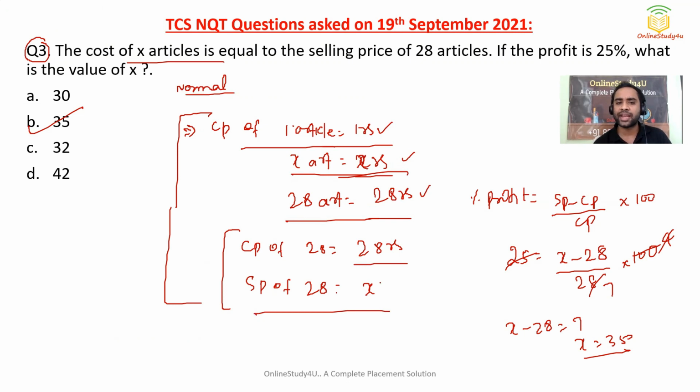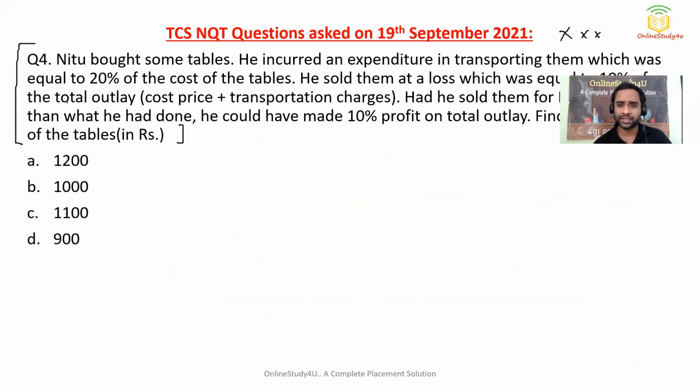And the selling price of 28 articles will be equal to the cost price of X articles, so that is X rupees. Now, the percentage of profit formula is (SP minus CP) by CP into 100. So the percentage of profit is given, 25% equals (X minus 28) divided by 28 into 100. Once we solve, we get the value of X equal to 35. So I hope question number 3 will be clear to you.